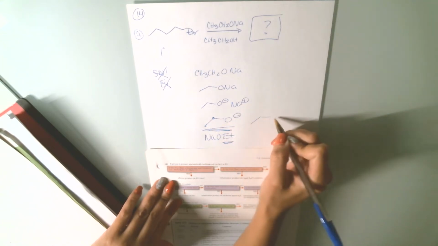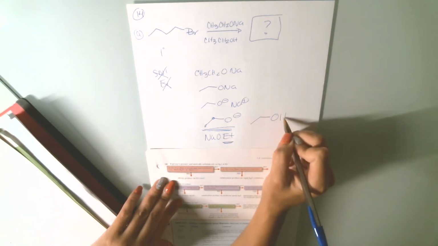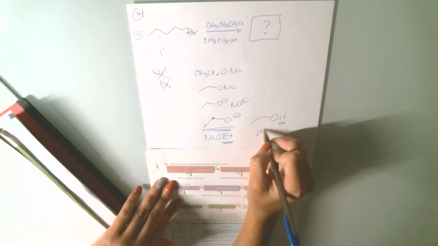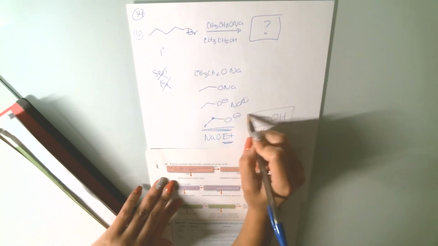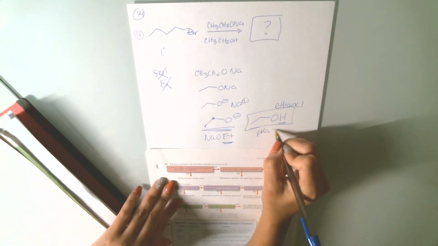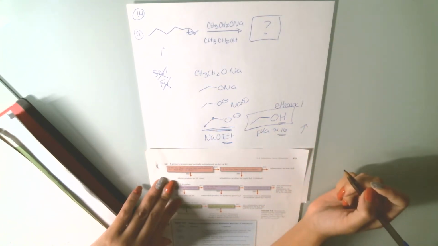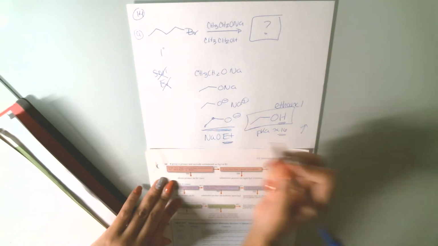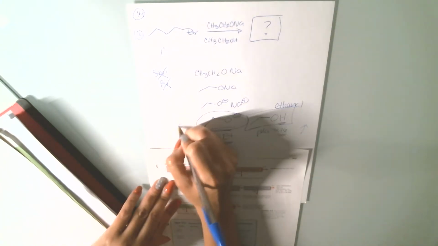The conjugate acid will be just adding this H here. Then take a look at the pKa. This is ethanol, and the pKa of ethanol is about 16. This is above the pKa of 11, which means this base is a strong base.